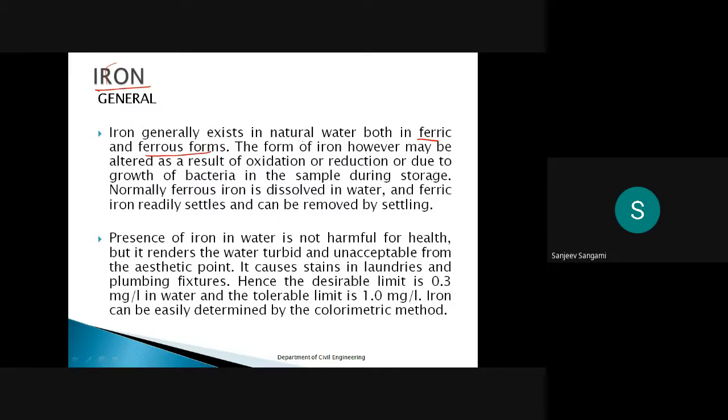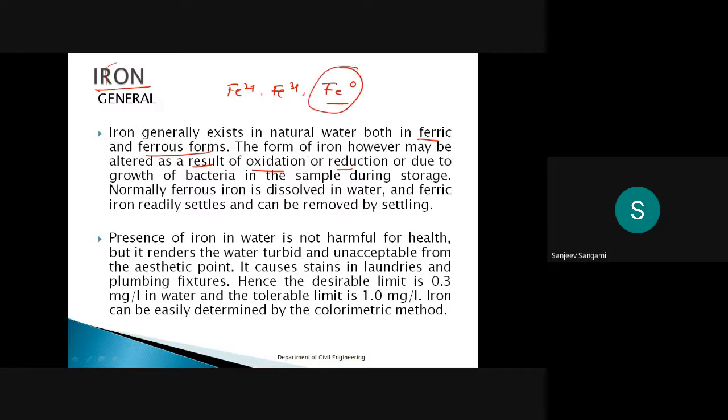The form of iron may be altered as a result of oxidation or reduction, or due to growth of bacteria. So it exists as Fe2+ as well as Fe3+. Sometimes you may get Fe0 also.